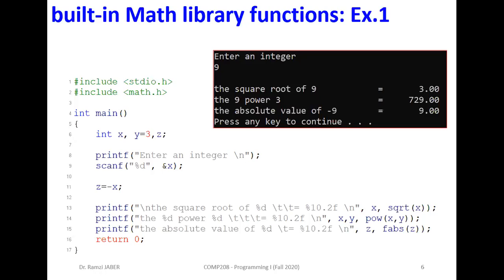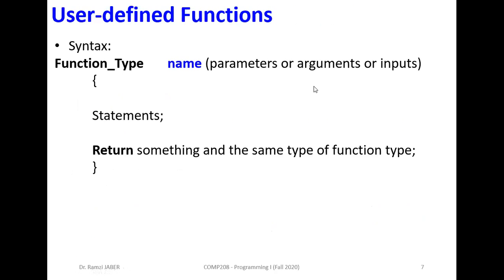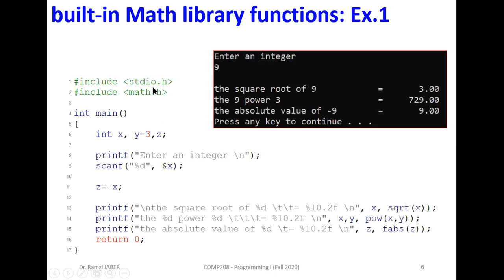Okay, try it. Okay, now let's continue. If I want to make my own function, called user-defined functions, so if I want to create a function and write inside the function any code or any block of codes you want, the syntax will be: first, like a variable, when you declare a variable, int space x, or y or z, float, whatever.